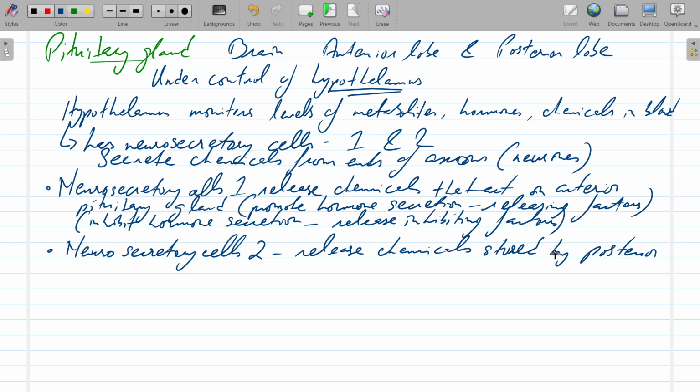So, the anterior pituitary gland releases 6 hormones, the posterior pituitary gland releases 2.